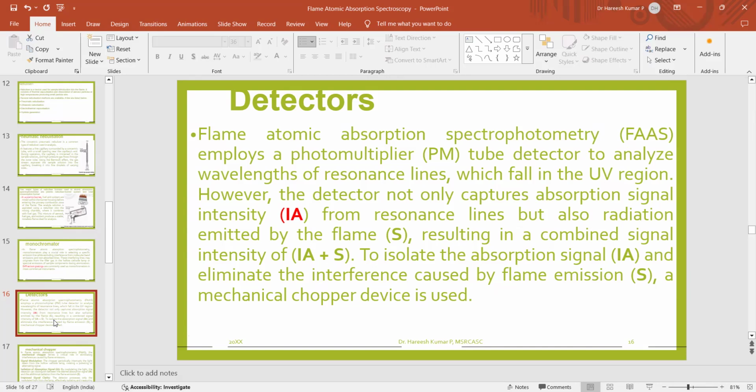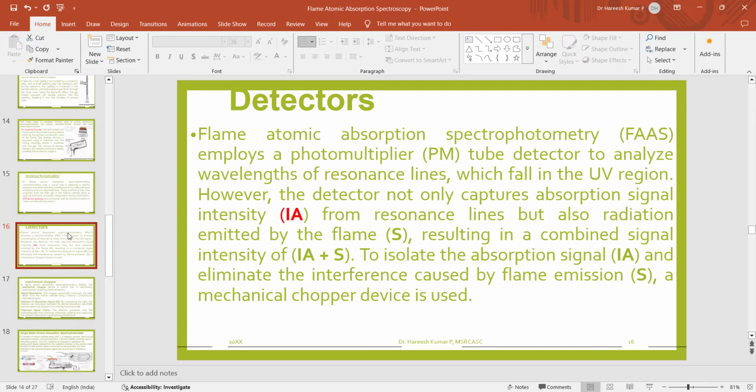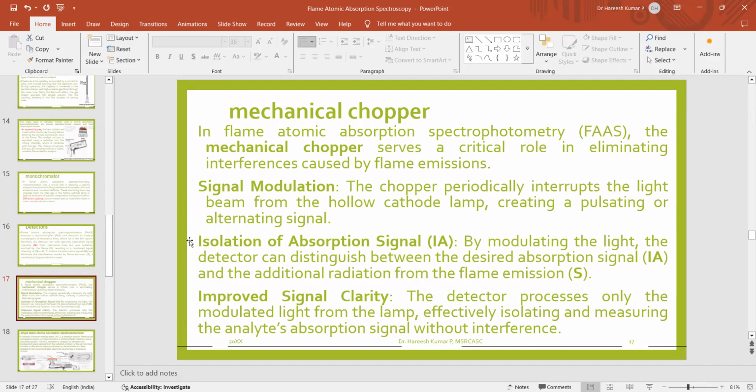Let's look into the role of the mechanical chopper in flame atomic absorption spectroscopy. The mechanical chopper serves a critical role in eliminating interference caused by the flame emissions.